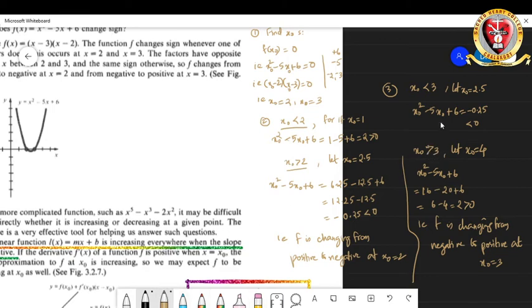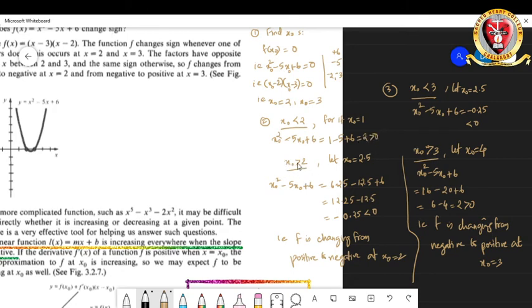So those are the cases. For x naught strictly less than 2, just for our convenience, I'm taking x naught is equal to 1, because it is a complicated function, right? So if x naught is equal to 1, you calculate the function at x naught is equal to 1. So you get that is equal to 2, which is strictly greater than 0.